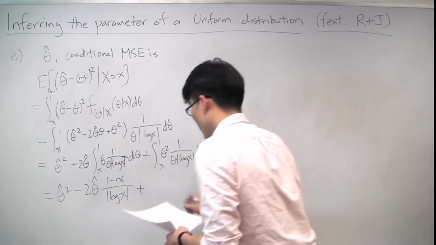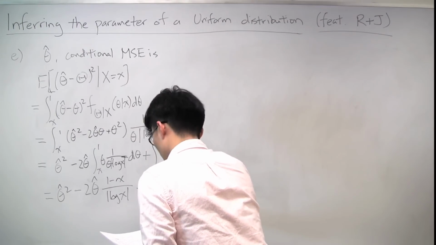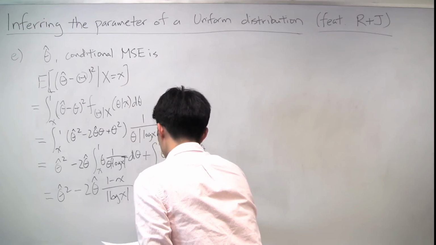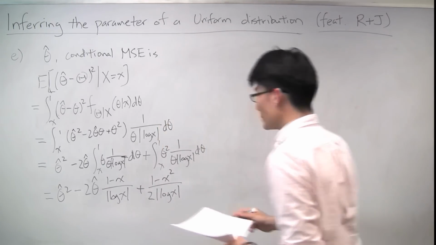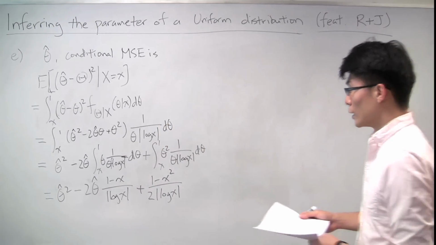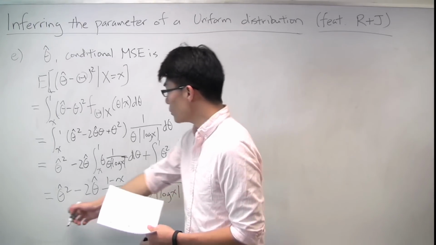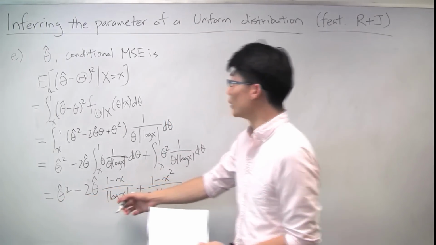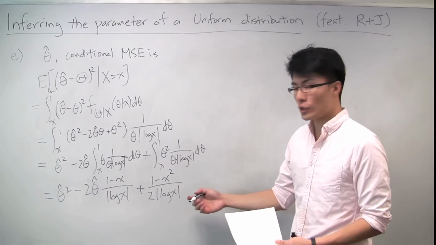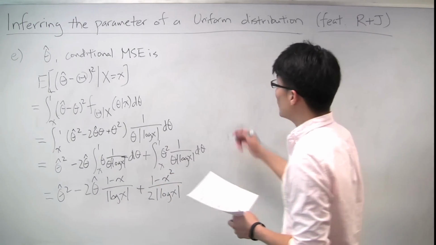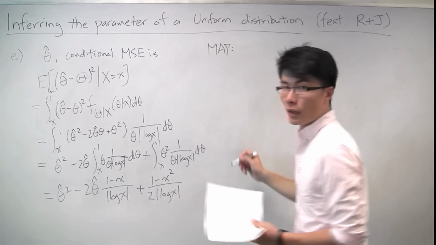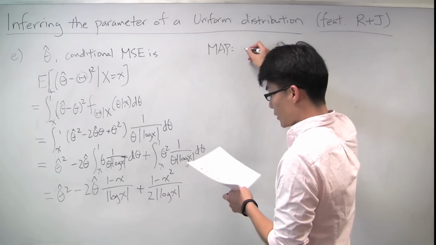And this will integrate to 1 minus x squared over 2 times absolute value of log x. All right. So this tells us for any generic estimate theta hat, what the conditional mean squared error would be. Now, let's calculate what it actually is for the specific estimates that we actually came up with.